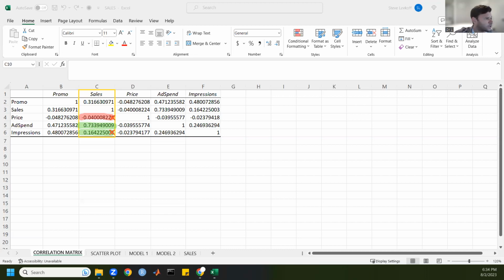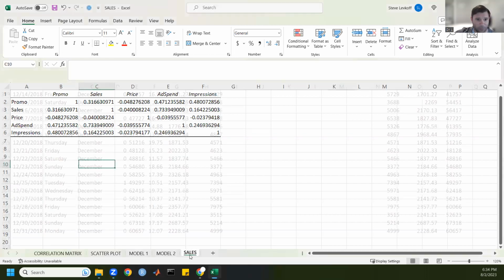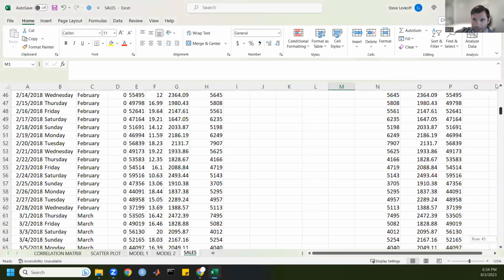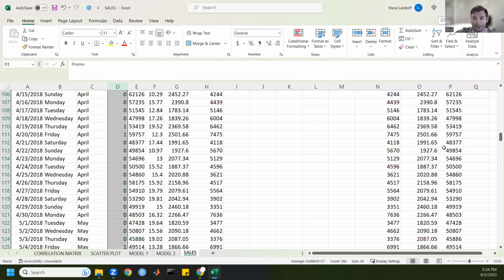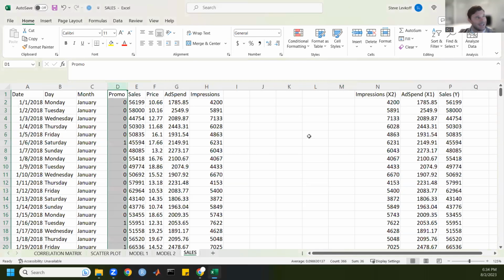I'm not going to do that right here, but if you were to include price, you should find that. And what I'd like to focus our attention on for the moment is including the binary promo variable as a predictor in the regression. Remember, promo was not a numeric variable in the original data set. If we look at the promotion column, you see a bunch of zeros and ones as we go down, meaning this is actually a categorical variable that we've coded numerically.